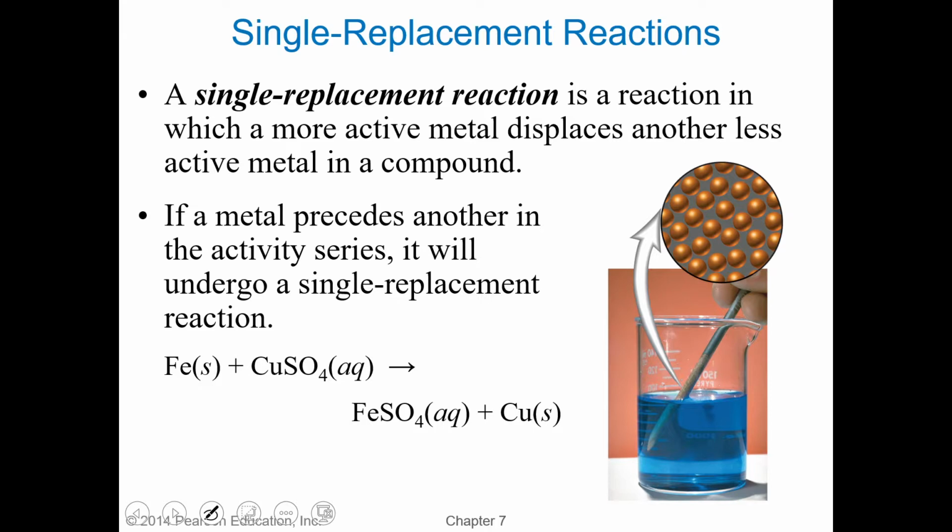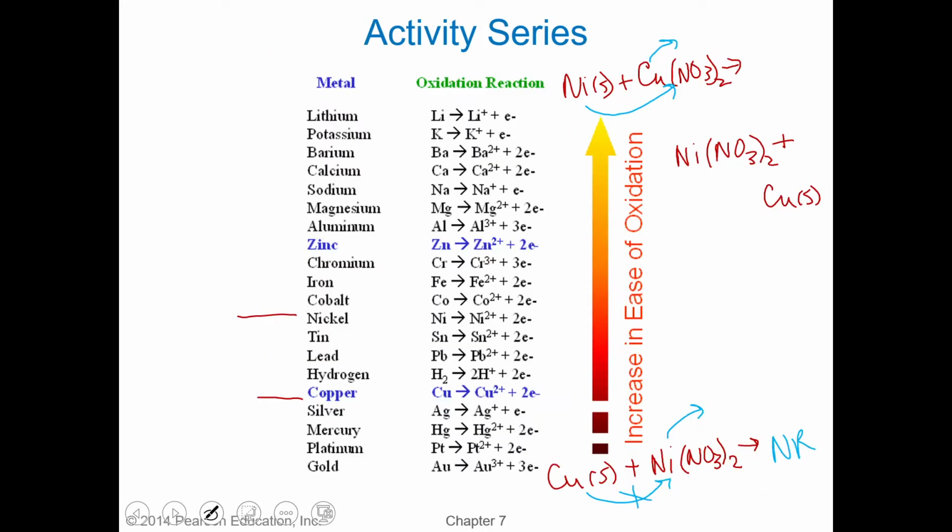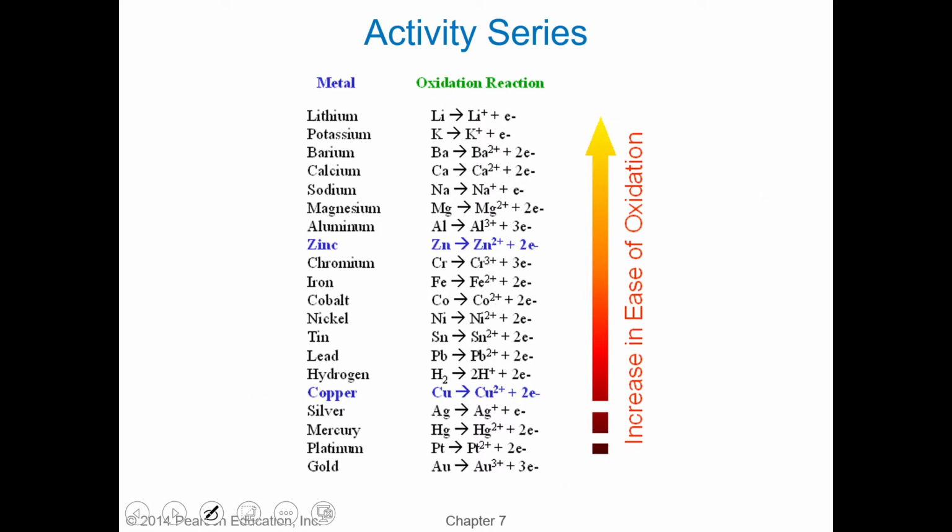So here's another example. If we look here at our activity series, we can see again that copper is pretty low on the activity series, and iron is pretty high up there comparatively. Okay, so if we look again, here's copper, here's iron.